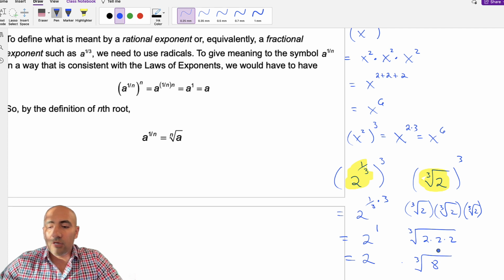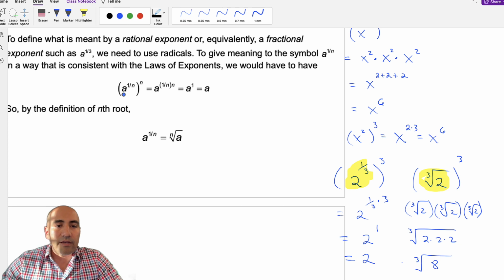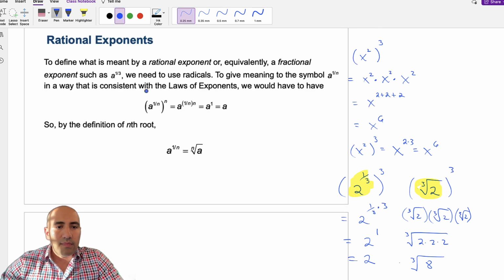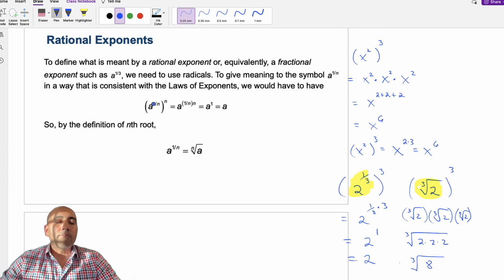So any way you look at it, this gives you a 2, and that's what this is describing right here. Okay, so that's what this is saying. A to the power of 1 over n raised to the nth power, because of this property of exponents, must be the same thing as a to the 1 over n times n. The 1 over n times n becomes 1, which means it equals a.